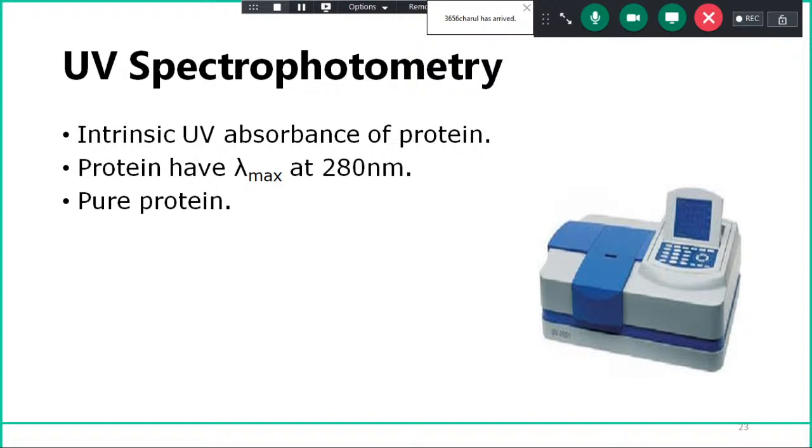This UV spectrometry is mostly used for pure protein, and it cannot be used for a mixture of proteins, because the protein concentration is given by the absorbance at lambda max of 280 nanometer, and it is compared using a standard of known concentration. So this method cannot be applied for a mixture of proteins.